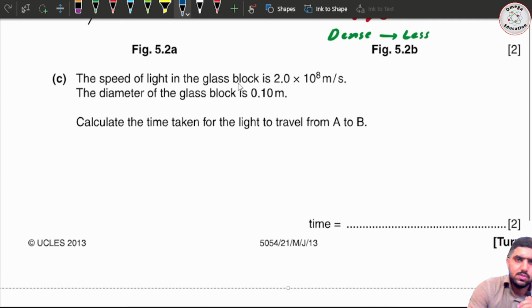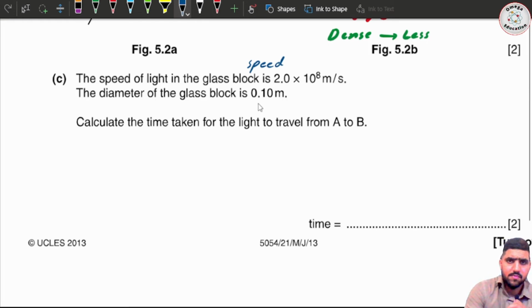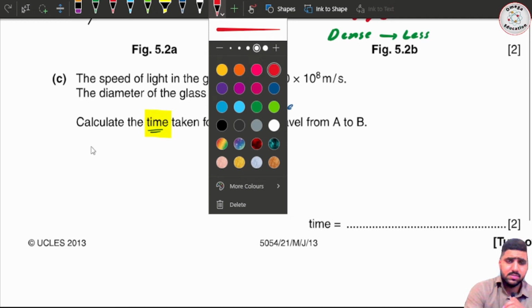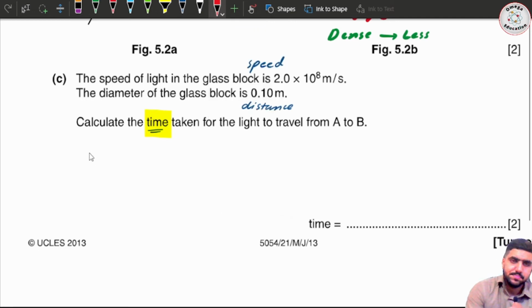So we are given the speed, and the diameter of the glass block is 0.10 meters. That's the value of distance, and we have to calculate the time taken. The standard formula relating these three things is speed equals distance over time.